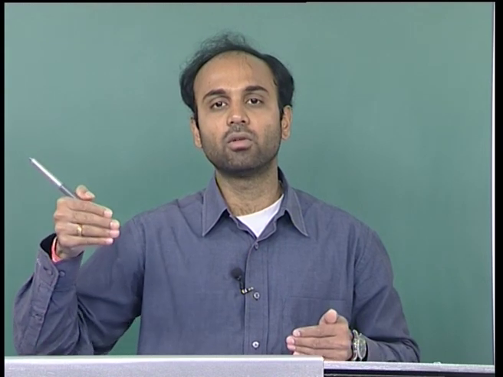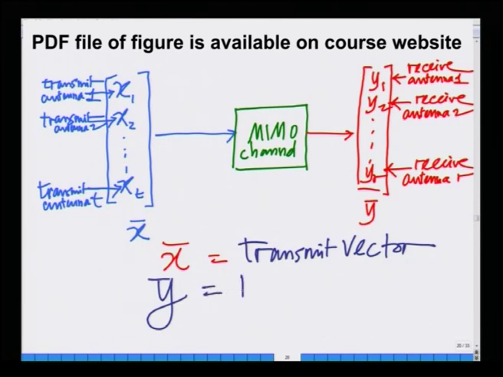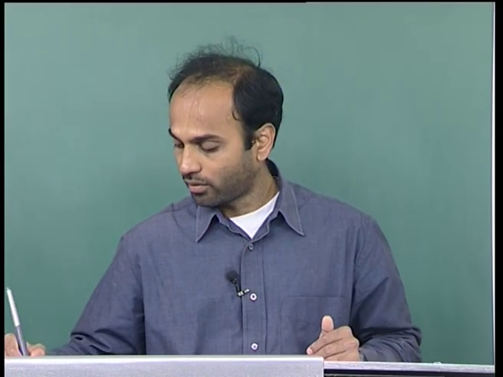At each of the R antennas, I am receiving y1, y2, yr, that is an R dimensional vector. So, x bar is also known as the transmit symbol vector and y bar is also known as the receive symbol vector.